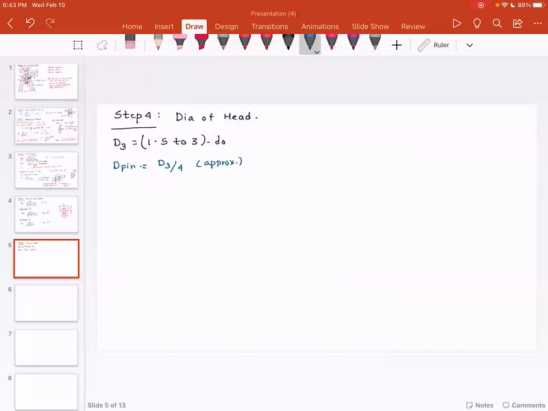And then we need to find out the length of the handle. Then we need to find out how much torque it's going to need, assuming there is some sort of bearing surface. And I'm just going to give you a very simple equation for the bearing.